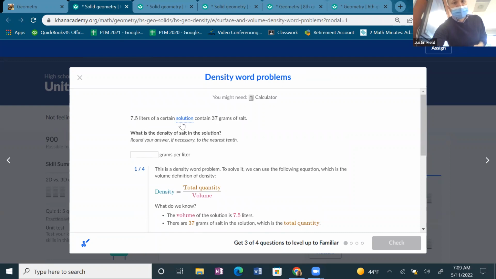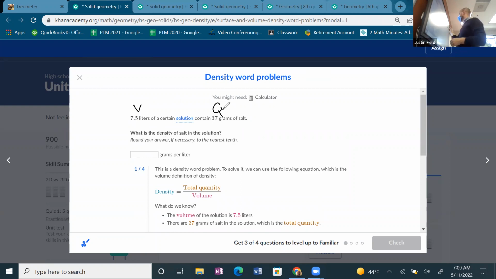7.5 liters of a certain solution contain 37 grams of salt. Okay, so we know the volume of the solution is 7.5 liters, and then we know the quantity is 37 grams of salt. So we just have to divide it.